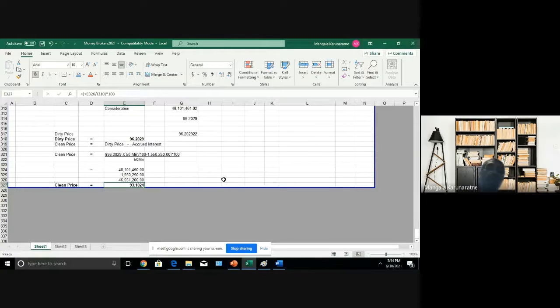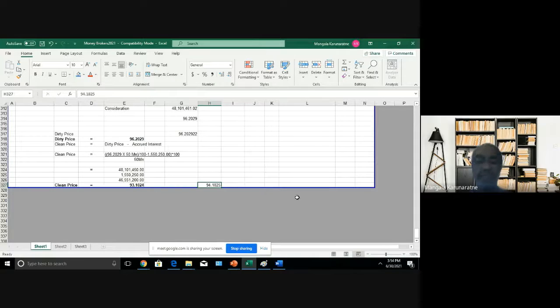Just assume that we bought this bond, and later on, at a future date, you will be selling it. So you have a clean price, you bought it at 93.1024, but suppose you sell this at 94.1825, right? I just put a figure here.